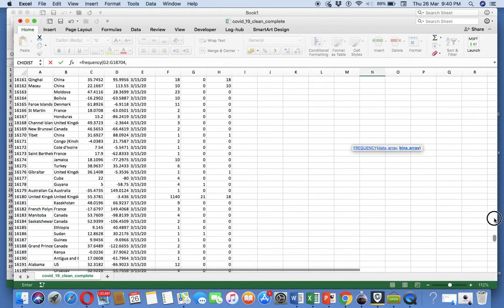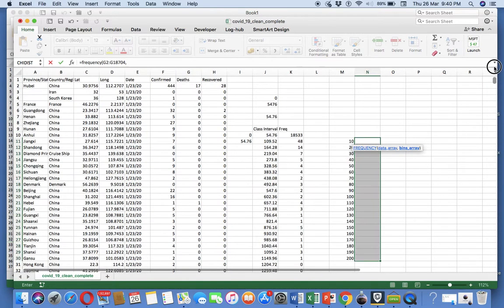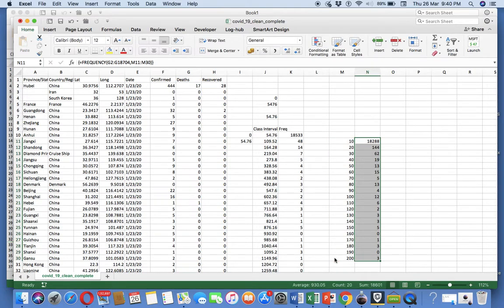Now pick up the class intervals, close the bracket, Control Shift Enter. So I seem to have got a little better distribution, but I see the distribution is highly skewed. So maybe I can do that again a little differently.